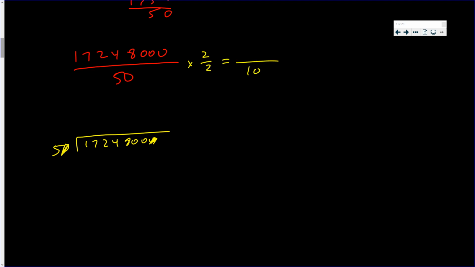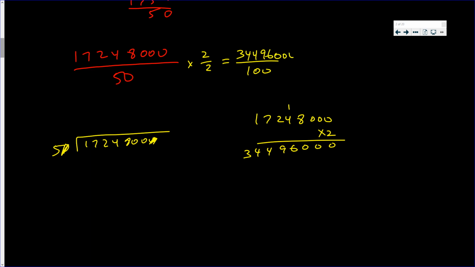50 times 2 is 100. And again, you should just know that. So multiplying by 2 is the whole trick. 1724800 times 2 is 3,449,600.